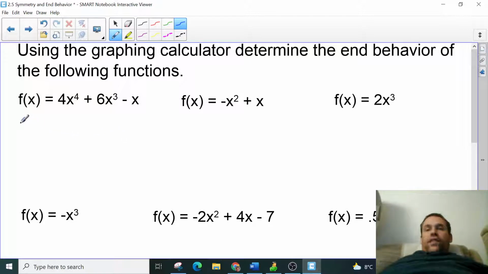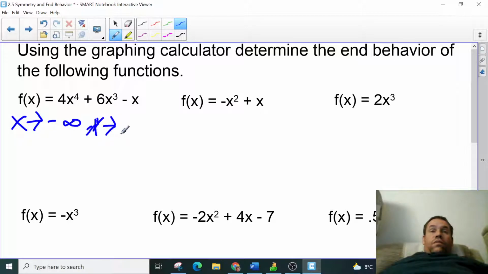For all 6 of these on the very bottom of your guided notes, as x goes to the left, which we'll denote by negative infinity, you're always going to do left and right, left and right. So as y goes to negative infinity, x will go to blank.